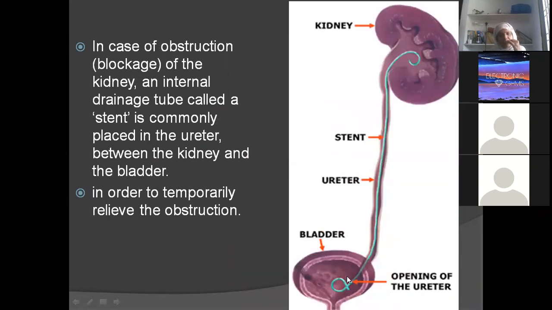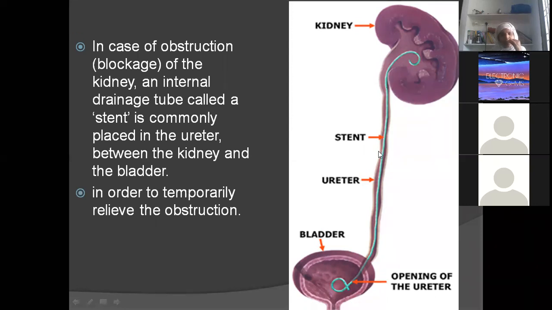So this is the stent. A stent is like an instrument which is moved like this in order to check where exactly the obstruction is because of renal stones or ureteric stones, and with the help of these stents we can mobilize it and remove it. That is drainage. In case of obstruction of the kidney, we can use an internal drainage tube like a stent, to temporarily relieve any obstruction, such as a stone or tumor, because of which urine is unable to move to the urinary bladder.